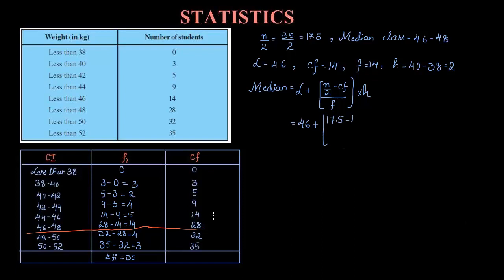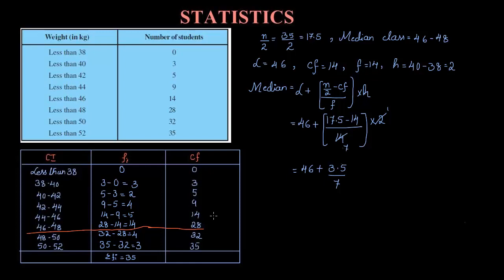Cf is 14 for this particular question, divided by f is also 14 into h. H is 2, right? So you can observe 2 ones are and 2 sevens are, it is going to get cancelled, right? So 46 plus 17.5 minus 14, it is nothing but 3.5 divided by 7.